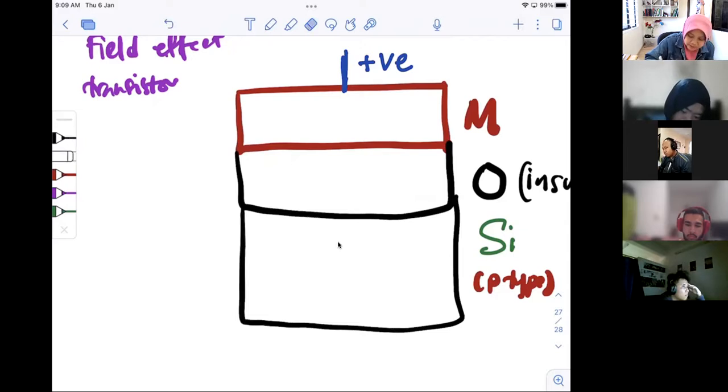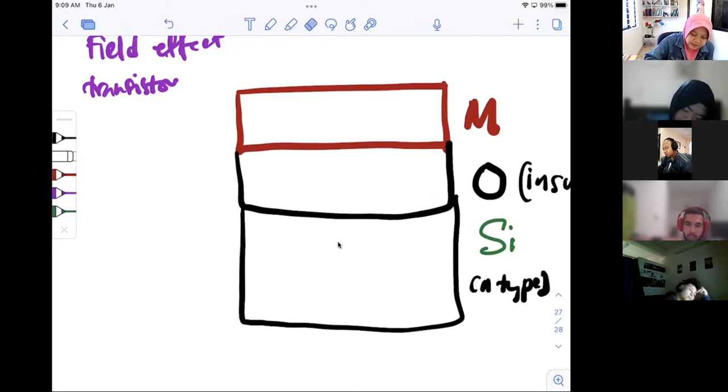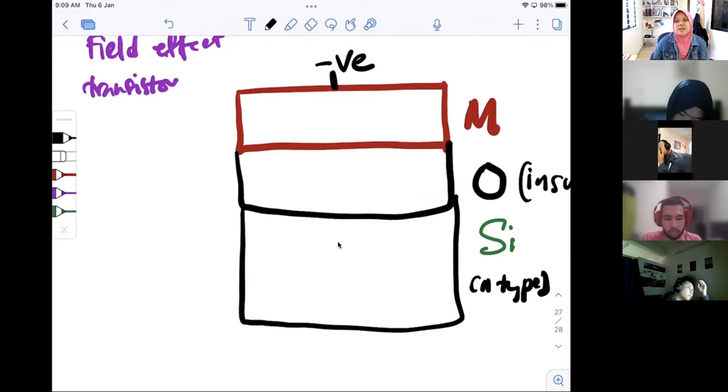So if I change this to silicon N-type, and I change this to negative voltage, I connect it to negative voltage. What happens inside the semiconductor?